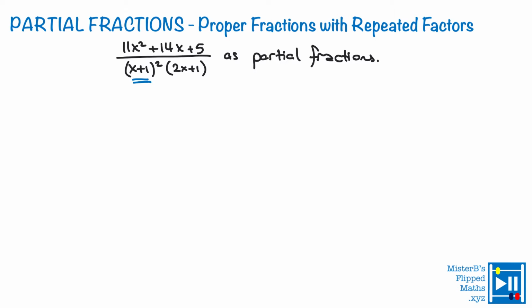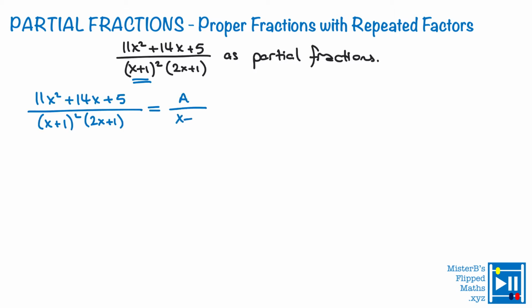And if you remember from the first video, we can write this partial fraction decomposition as A over x plus 1 plus B over x plus 1 squared plus C over 2x plus 1.